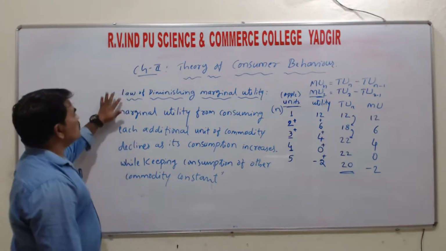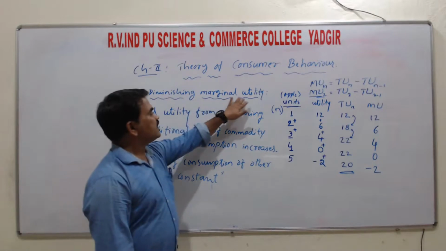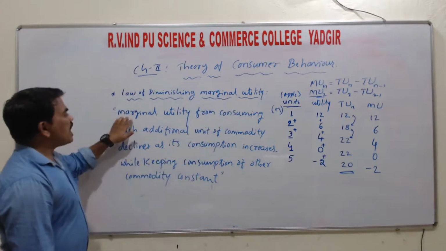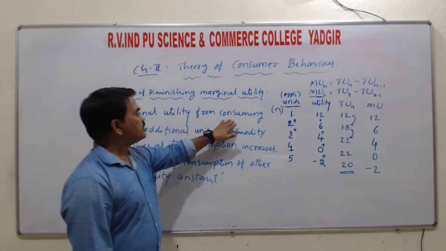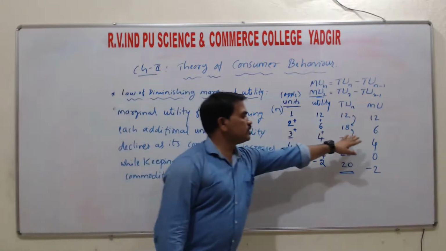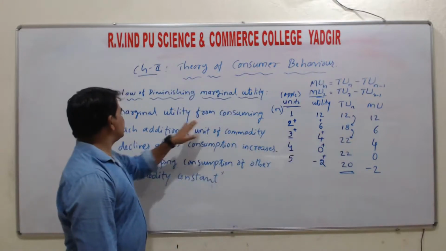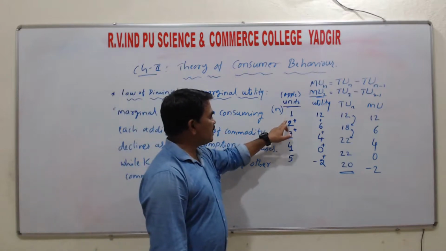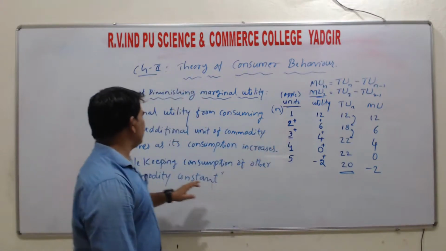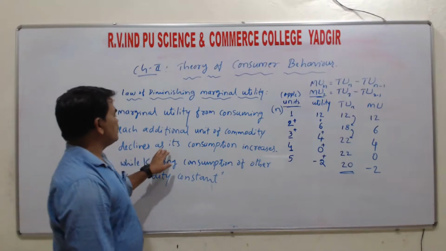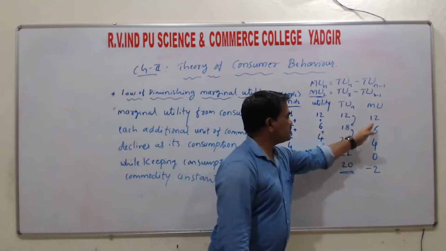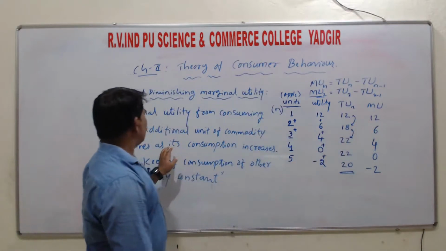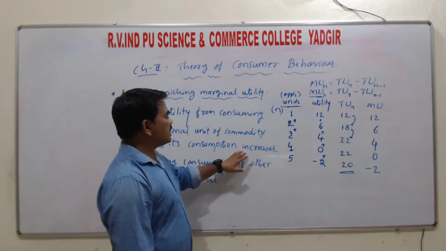Okay, so the law of diminishing marginal utility says that the marginal utility from consuming each additional unit of commodity declines as its consumption increases.